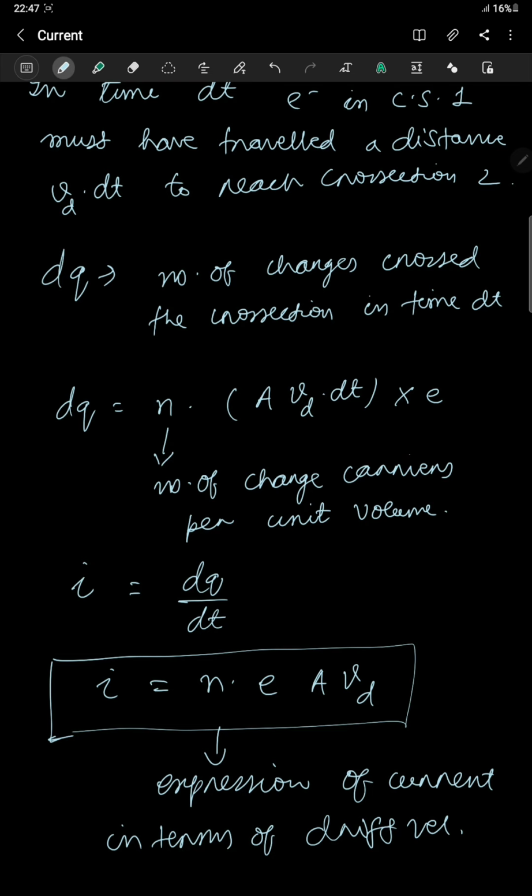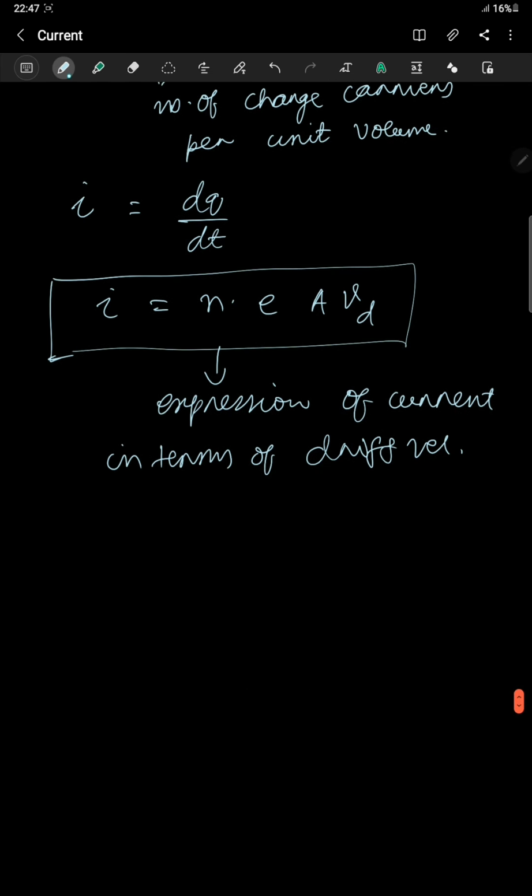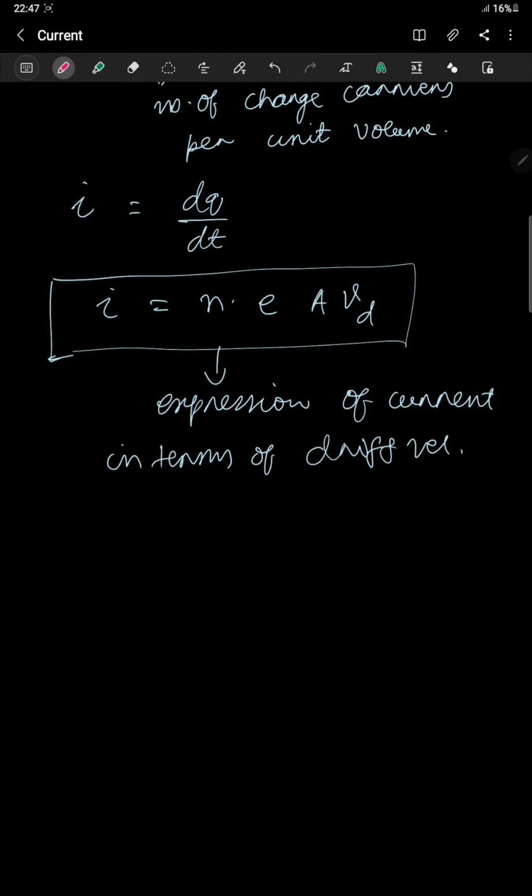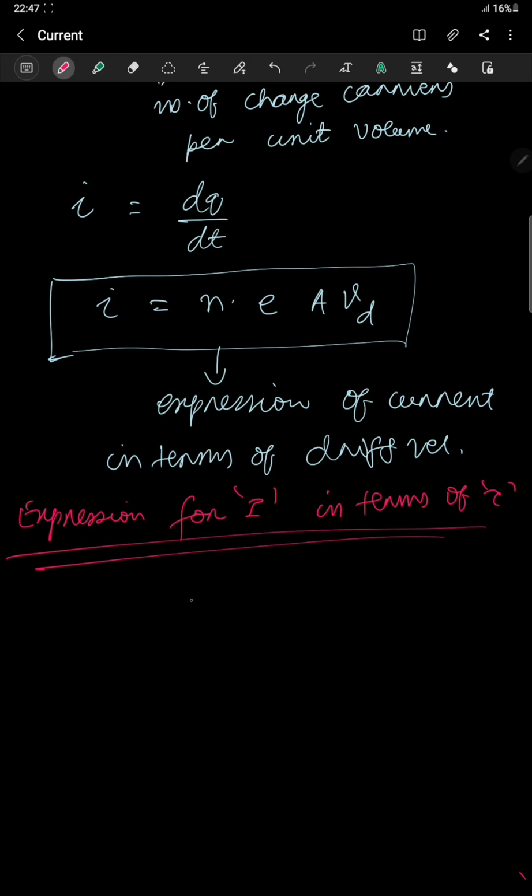Okay, now again a question comes in CBSE that you have to establish a relationship between current and your relaxation time. So we have to derive an expression for current in terms of tau. And what is this tau? This tau has got the name called relaxation time.